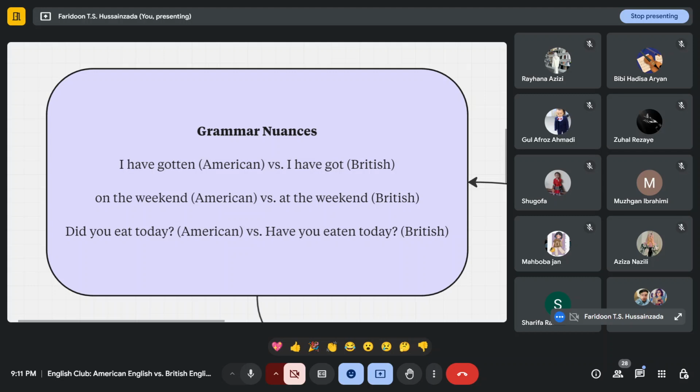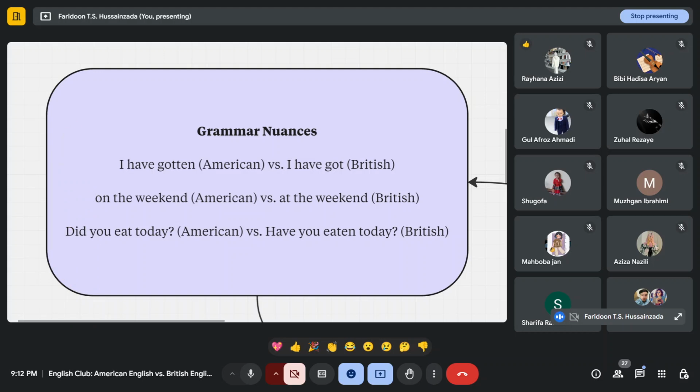It's get, got in British English, and it's get, got, gotten in American English. Just remember that little nasal sound we have in American English: gotten. It's pronounced from the nasal part. Okay, so that's one difference.